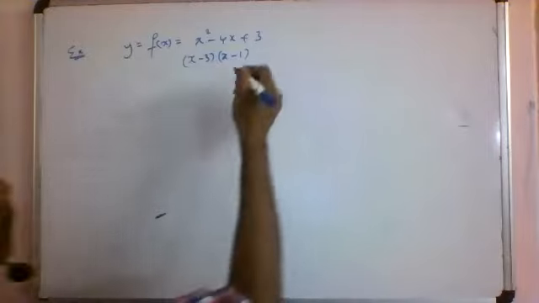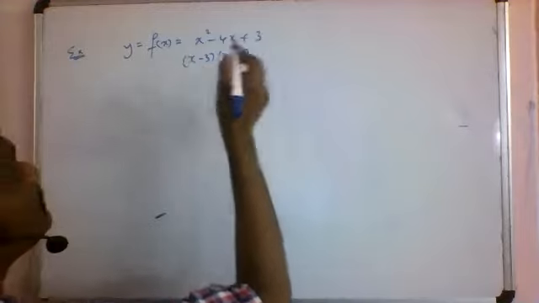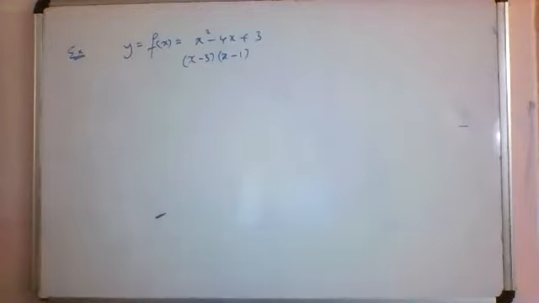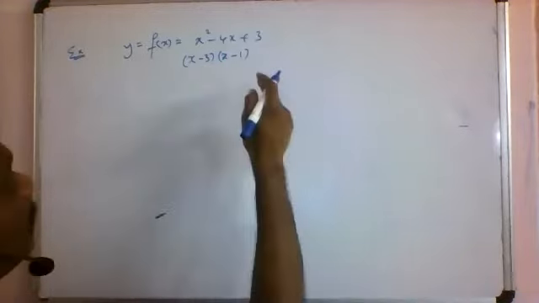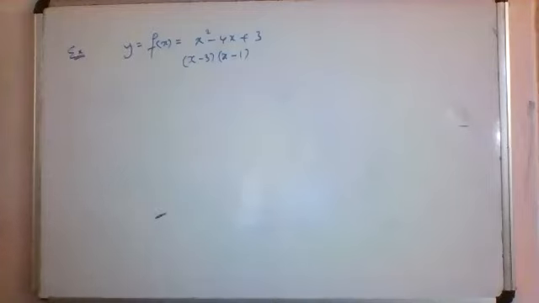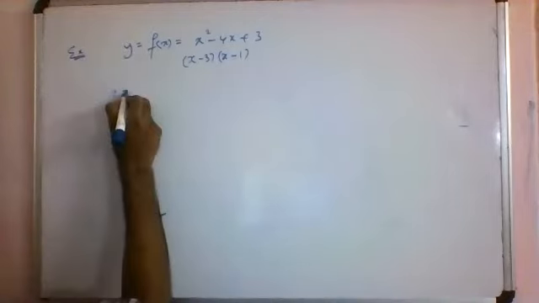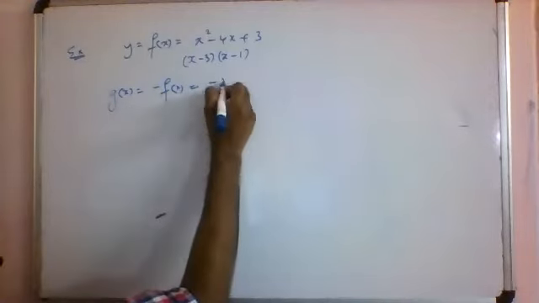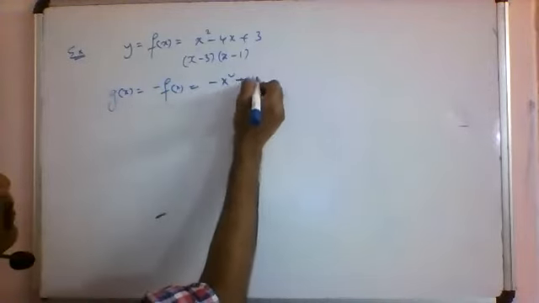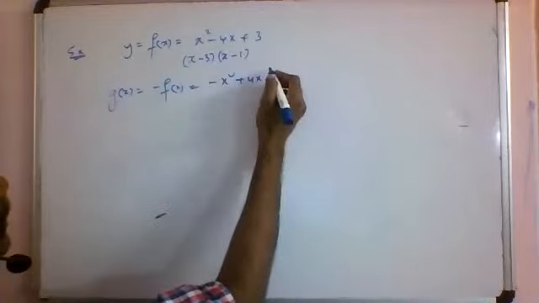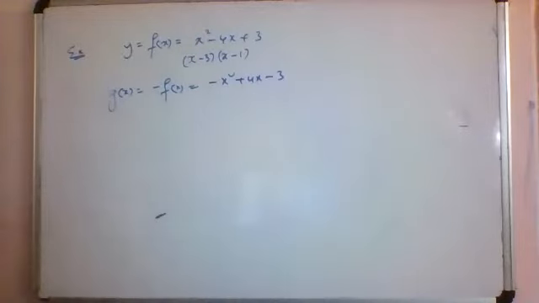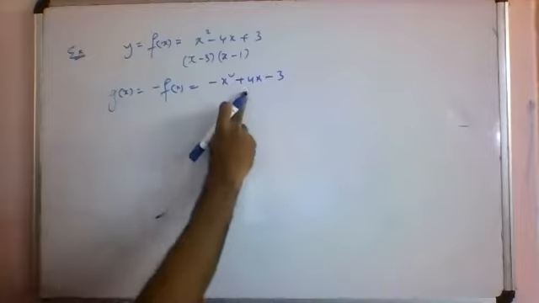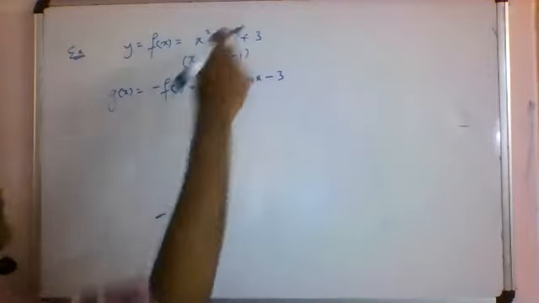And in the place of x, I want minus, I want minus of f of x. Now g of x will be minus of f of x. So this will become minus x square plus 4x, minus of minus, and here we have minus 3. I want the graph of this one now.